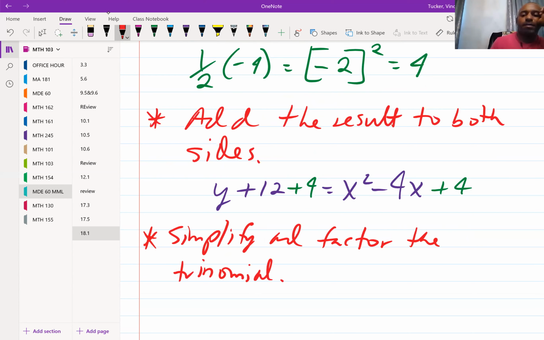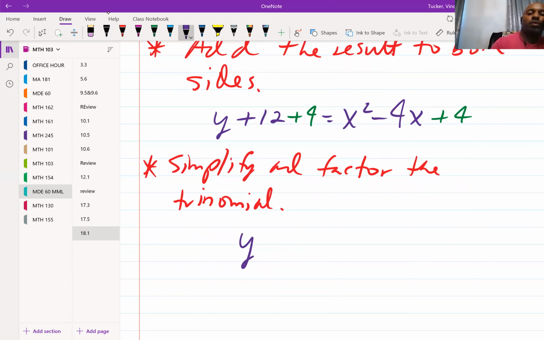So I'm going to simplify and then factor the trinomial. So now, we did do completing the square. As far as your factorization goes, whatever half your b term was should be what this factors down to be. So we should have 1 plus 16 equal to x minus 2 squared.